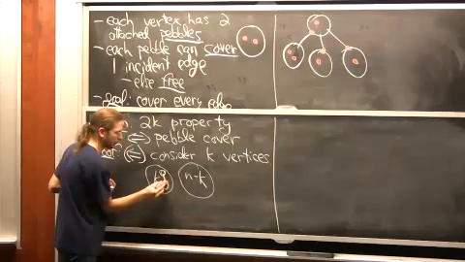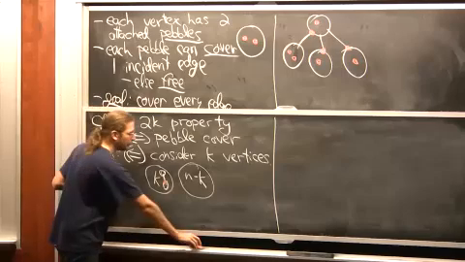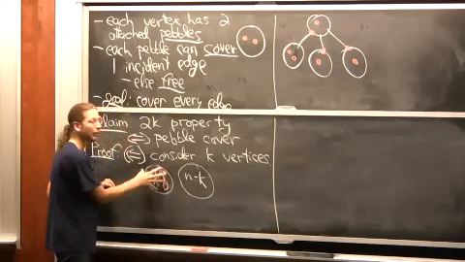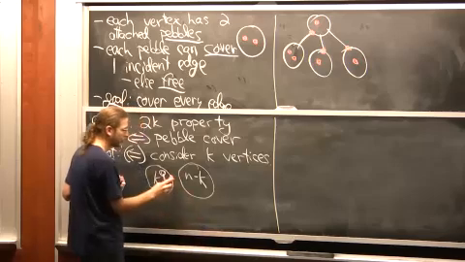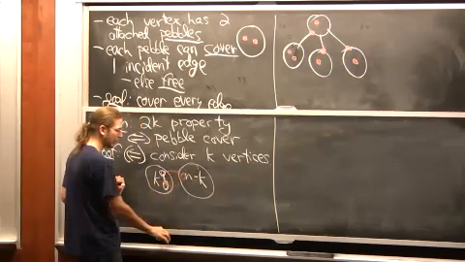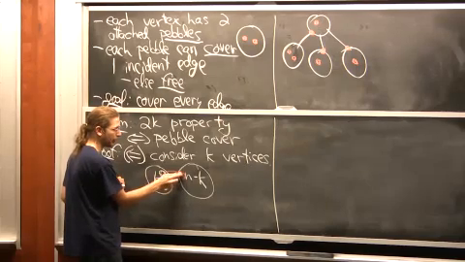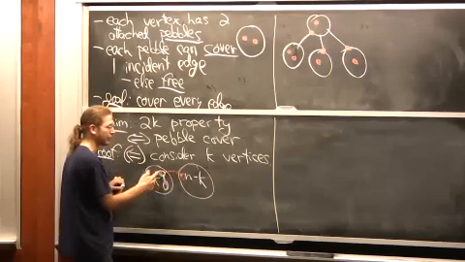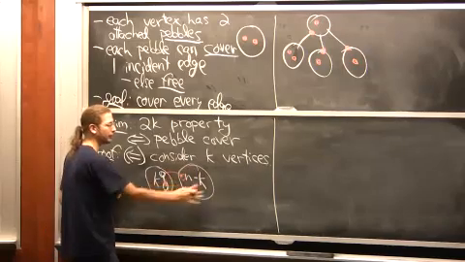Either this one or one on the other side. But the point is it is covered by a pebble among these vertices. Maybe you worry about a pebble here that's covering this edge, but that edge is not one of the induced edges.